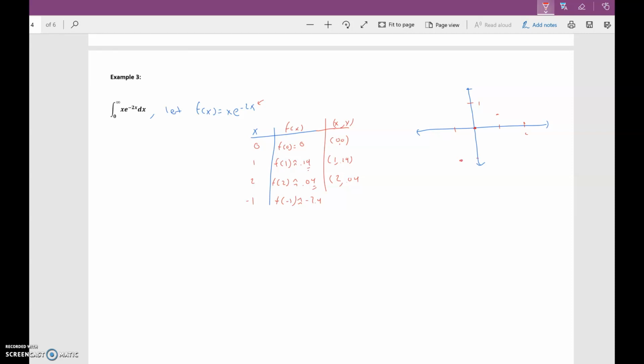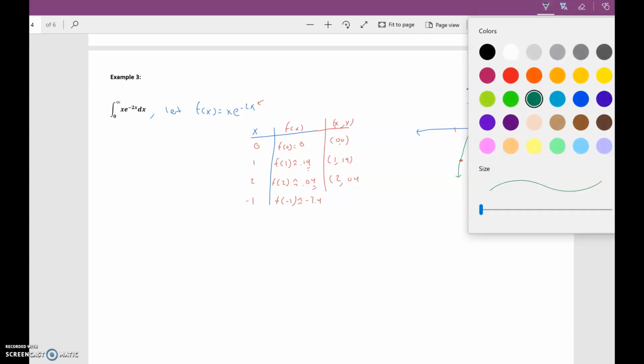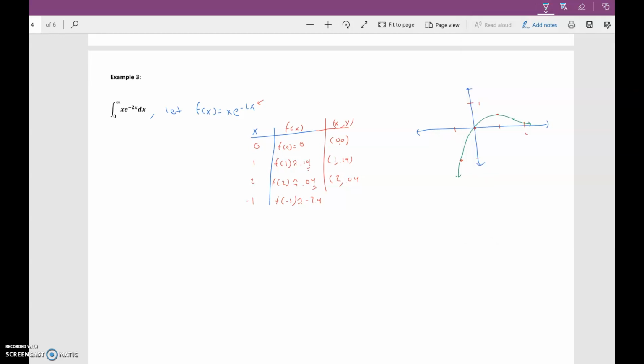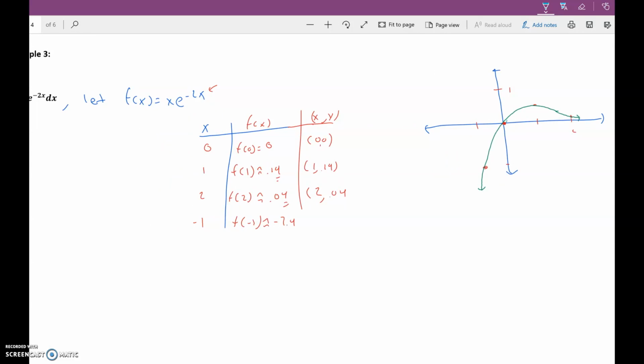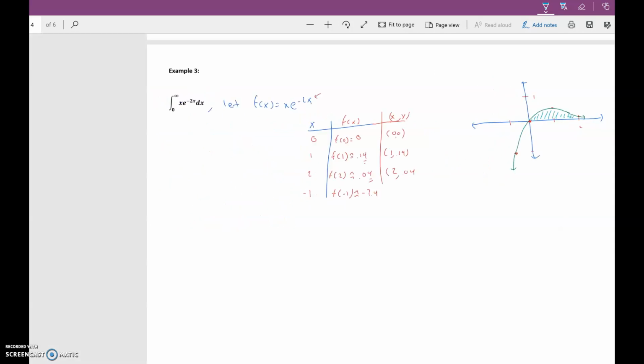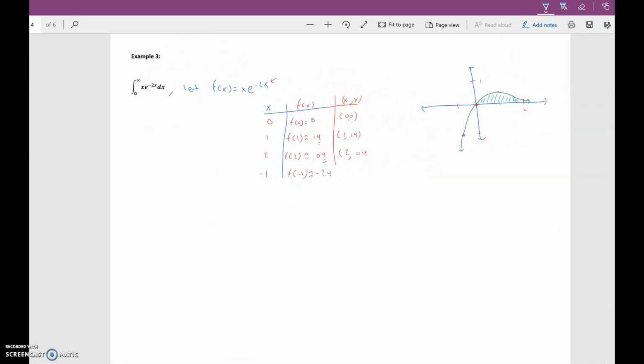Okay, so this is the shape I'm obtaining based on the coordinate points I'm evaluating. So this function happens to do something like this. We're actually looking at the values from 0 to positive infinity, so let me shade the portion that we need, and that's going to be all of this.